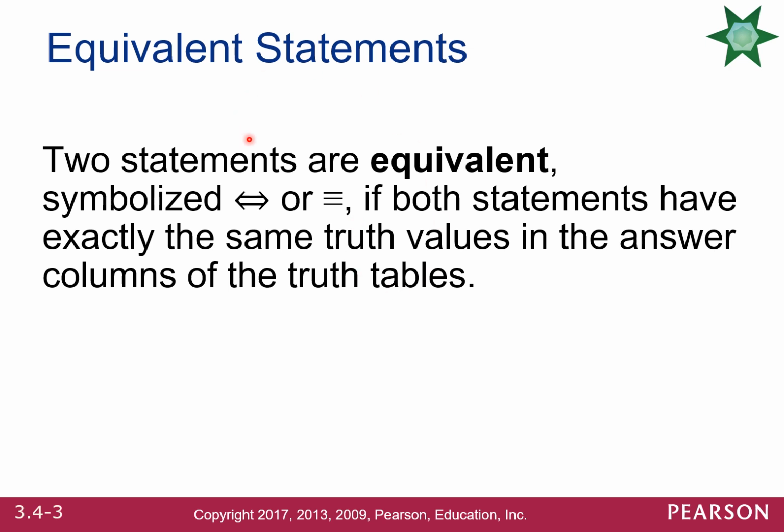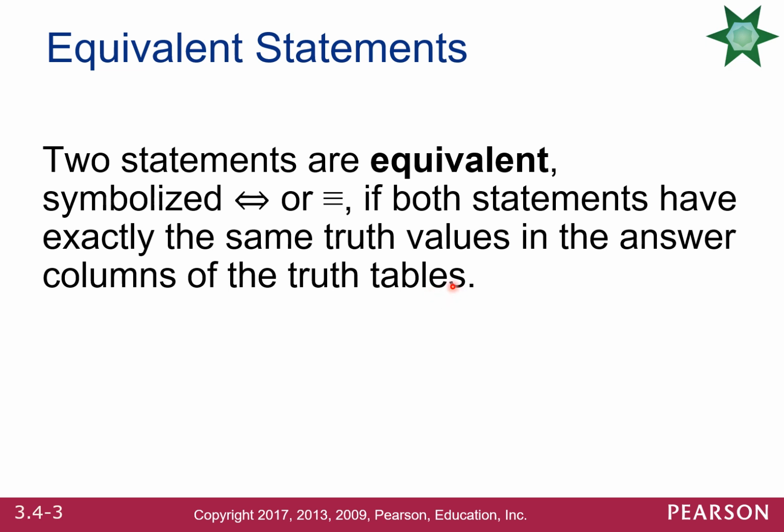So what is equivalent statements? Two statements are equivalent, symbolized by this bidirectional arrow or the three horizontal lines, if both statements have exactly the same truth values in the answer column of the truth tables.